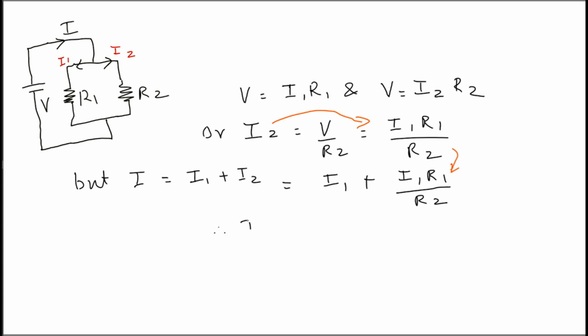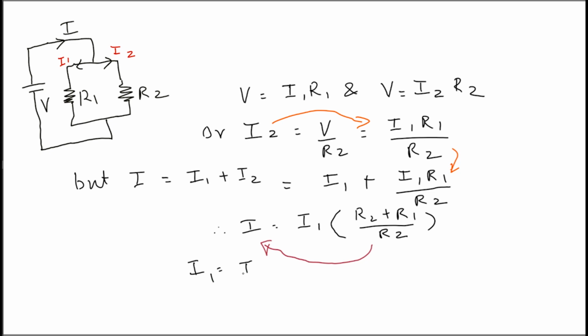Therefore, bringing this to this side, I1 is equal to I into R2 divided by R1 plus R2.